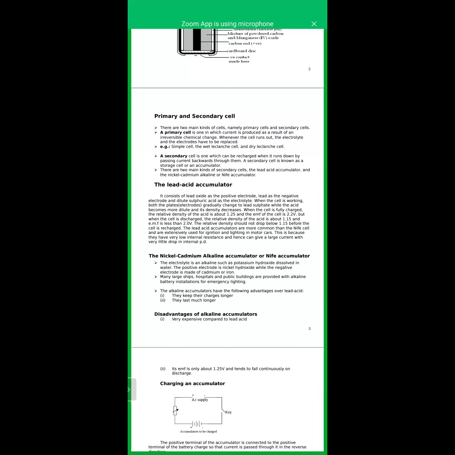But the basic thing to note here is that the secondary cells have the capacity to be recharged, not so? So the reaction is reversible. Is it okay? So, all together? Yes, we are.